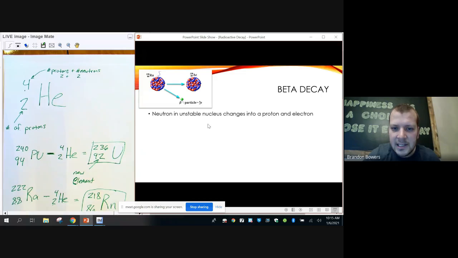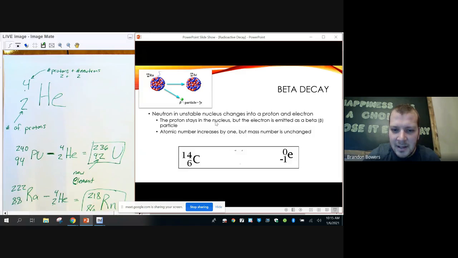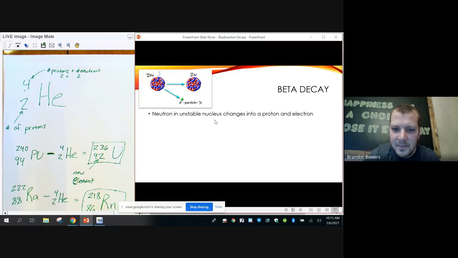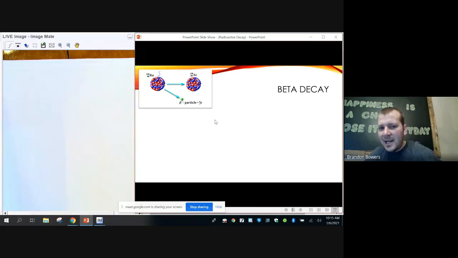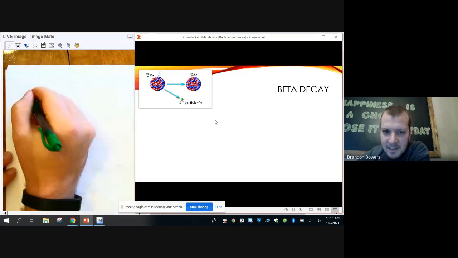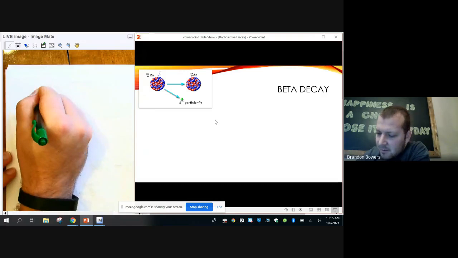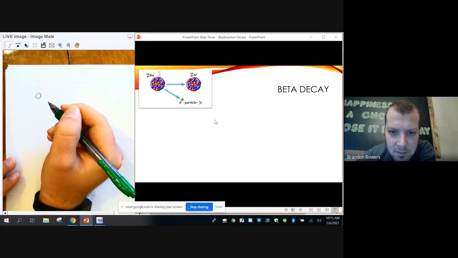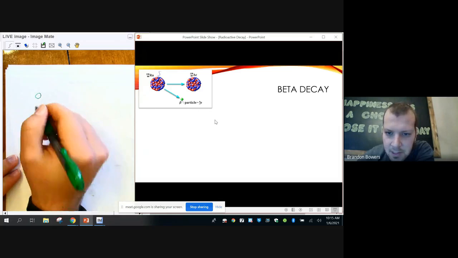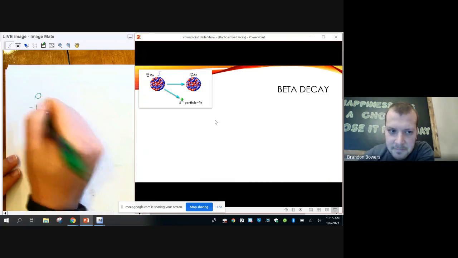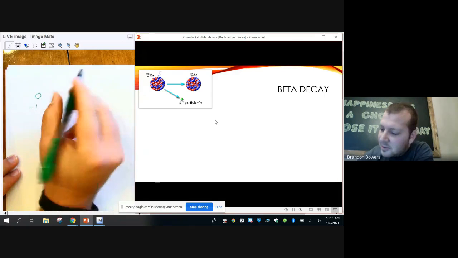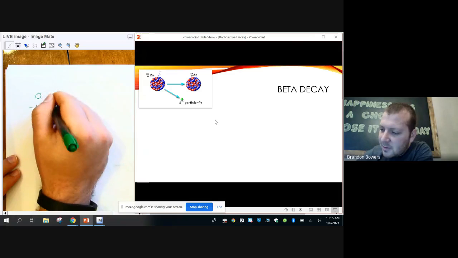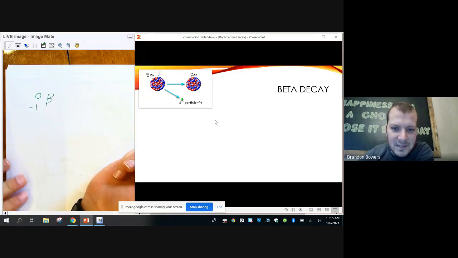Beta. Okay, so beta. I'm going to do it on this piece of paper. Beta is a 0, -1. And then this, you can either do an electron, or I like to do the beta symbol.